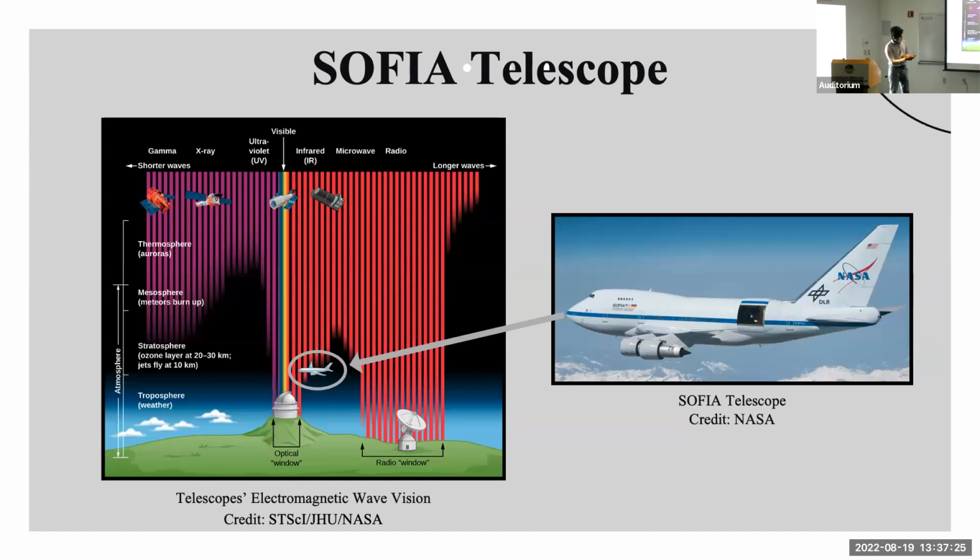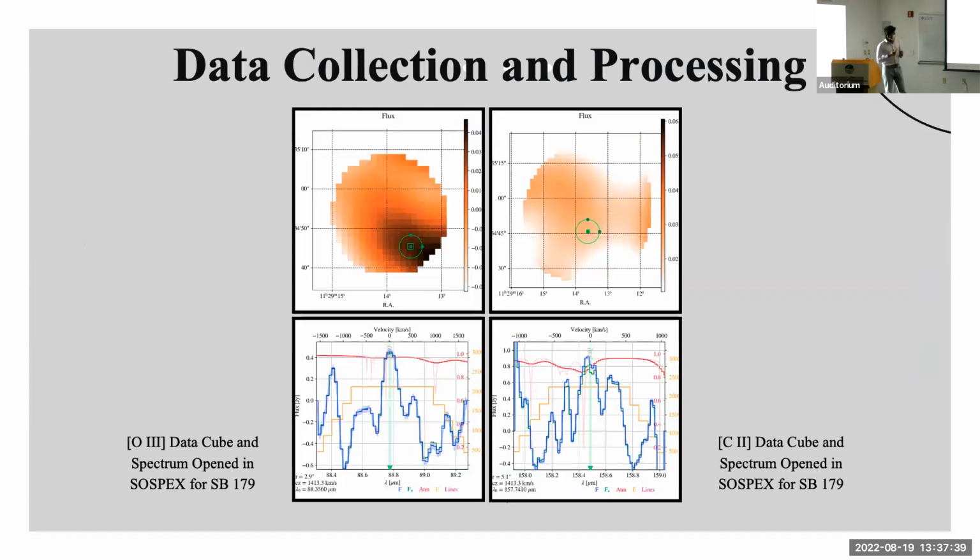As we can see, the far infrared lines cannot penetrate deeper into the Earth, which is why we need to use this plane to collect the data, as O3 and C2 are also far infrared lines. So here is an image of SB179, one of our targets, in the O3 spectrograph on the left, and on the right, the C2 spectrograph with their corresponding emission spectra over here.